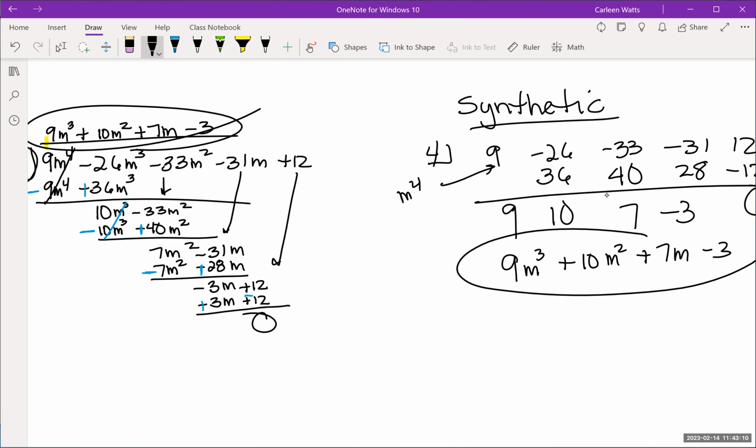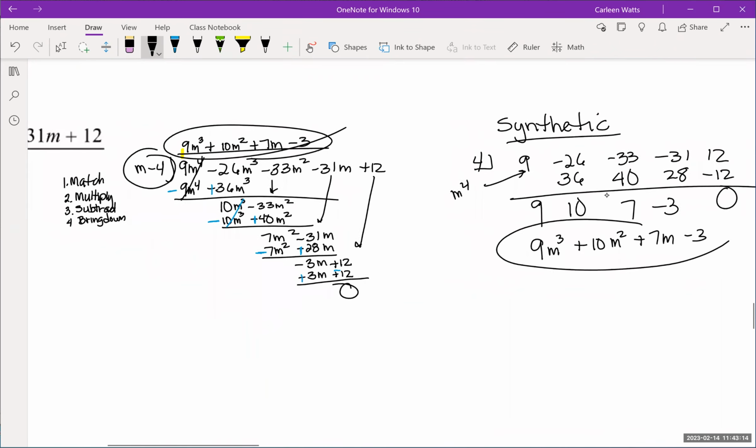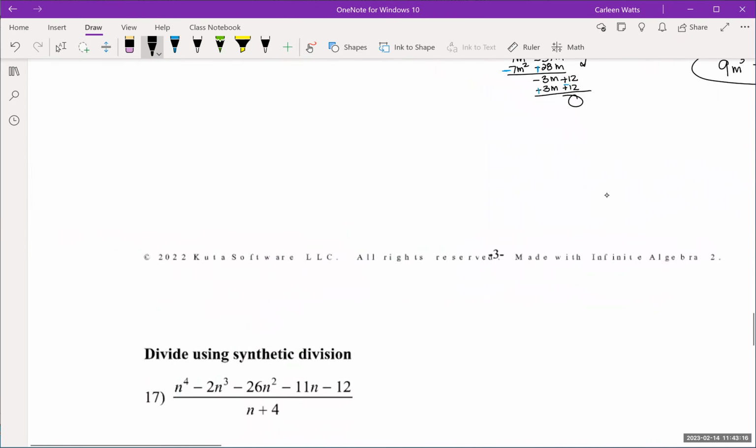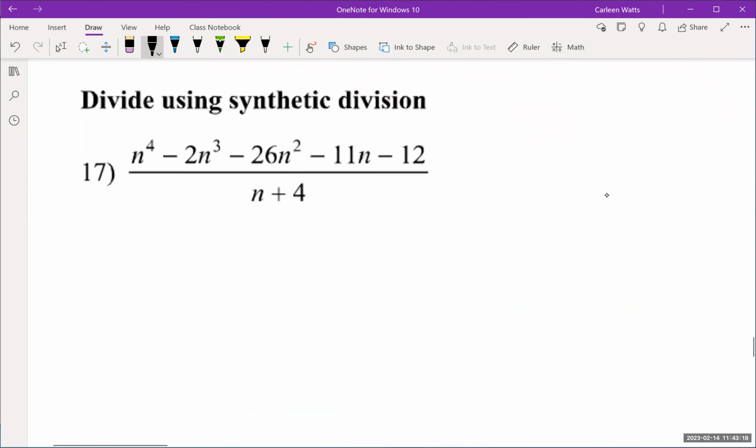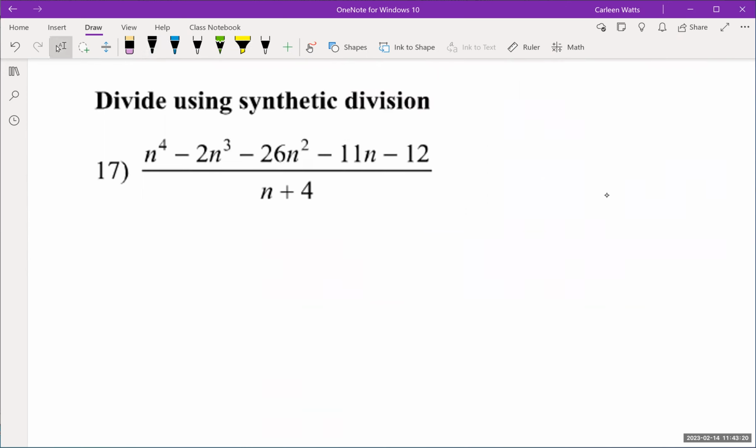Okay. Synthetic division. So now we're going to practice synthetic. You don't need to write that down. Now we're going to practice it right here. Ten times better. Okay, let's do synthetic division. In the box goes -4, right?